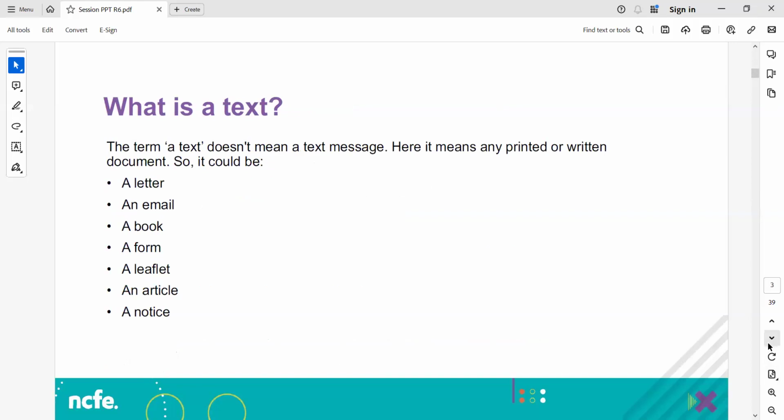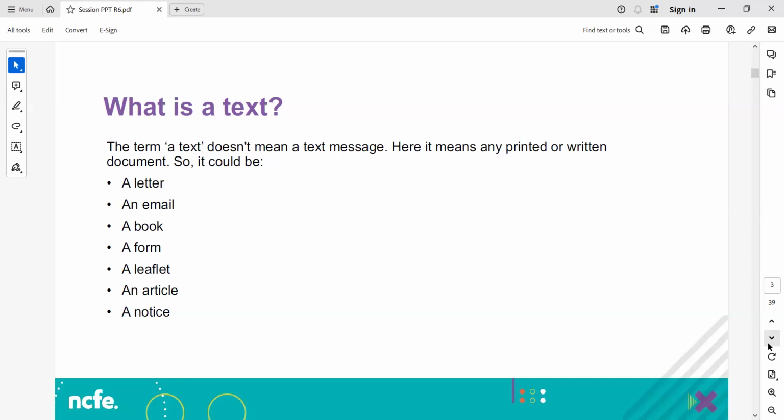So what are we talking about when we talk about a text? The term a text, in the context of our functional skills reading, doesn't mean a text message. Here, it means any printed or written document.